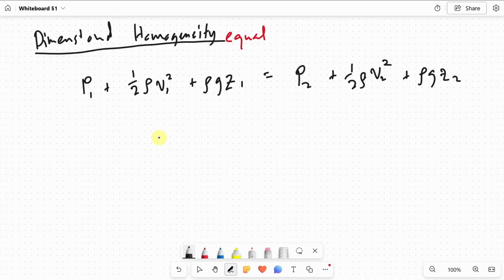Okay, so if you look at the units or the dimension on this side, it needs to be equal to the right side. And even each term needs to have the same dimension.